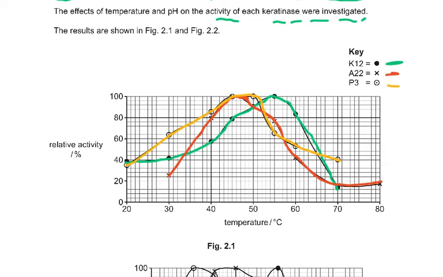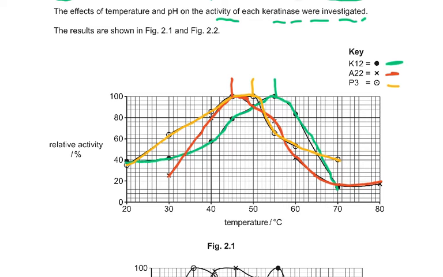So now let's look at them very carefully, look at their optimum temperatures. The optimum temperatures are different, but this is this optimum temperature. This one has this optimum temperature, and this one has this optimum temperature. So they're between 45, 50, 55. Different optimum temperatures, different peaks. Then you can say their range.